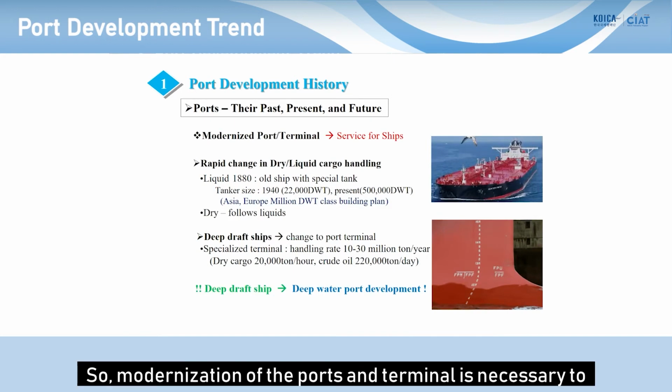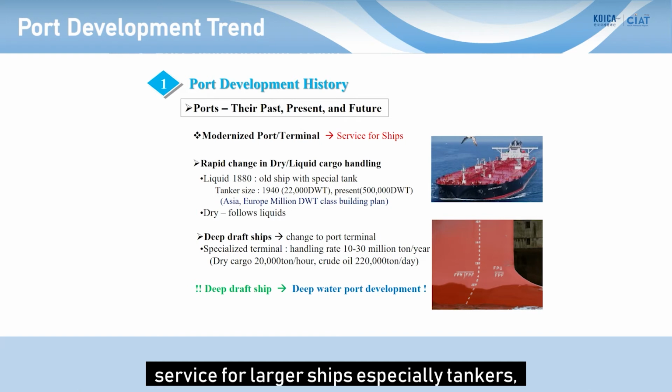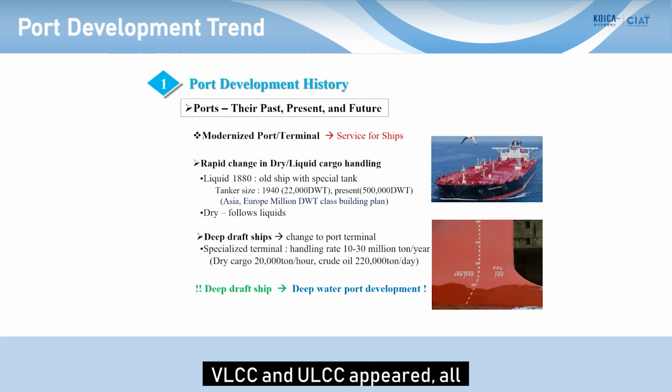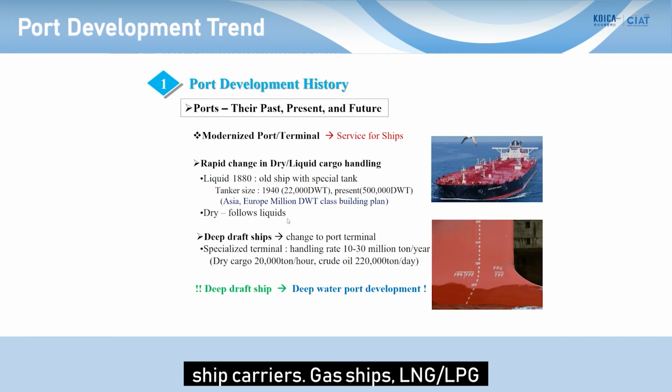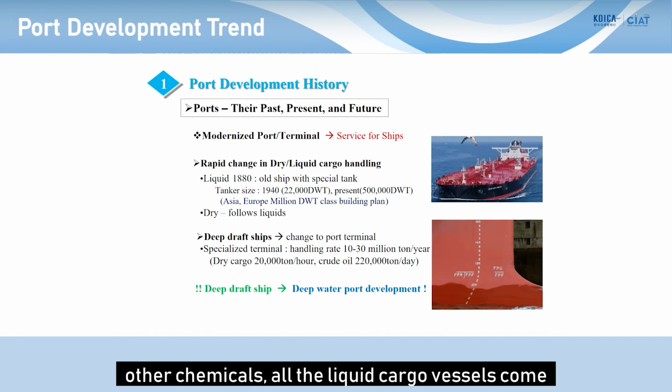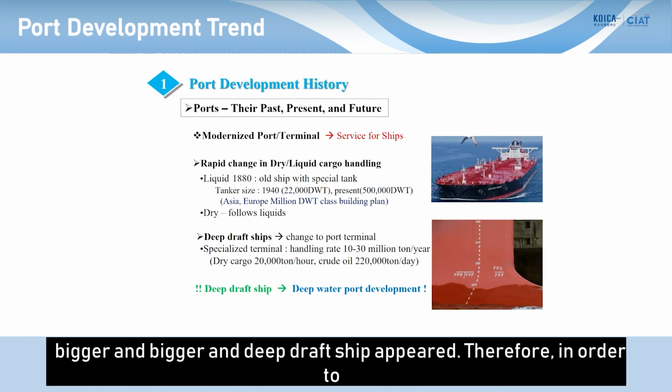So the modernization of the port and terminal is necessary to serve larger ships, especially tankers. VLCC and ULCC appeared. All liquid cargo was transported by very huge carriers. Gas ships, LNG, LPG, other chemicals, all the liquid cargo vessels become bigger and bigger, and deep draft ships appear.